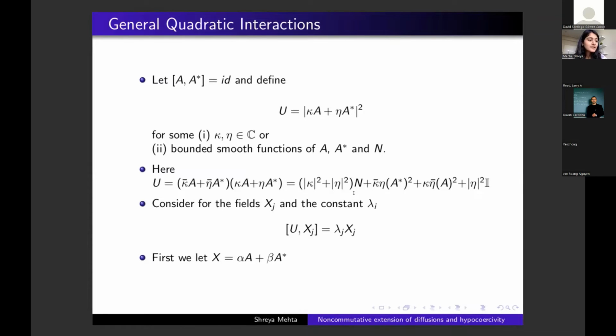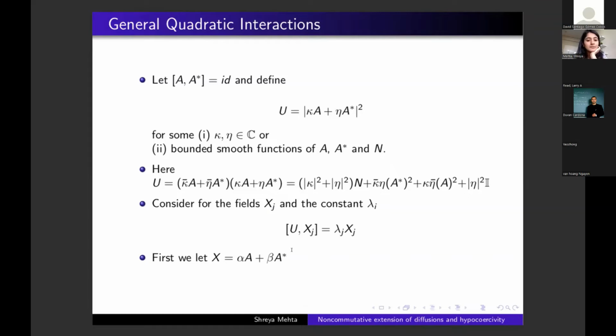So if we consider some fields x_j and some constants lambda_j, and we write the commutator of U and x_j is equal to lambda_j x_j, this is just an eigenvalue problem.